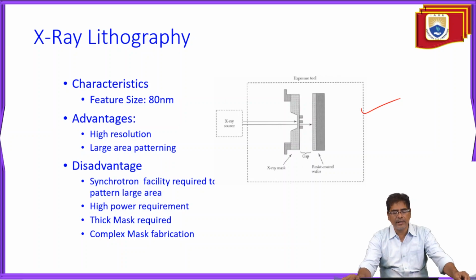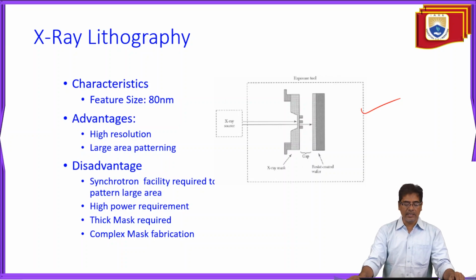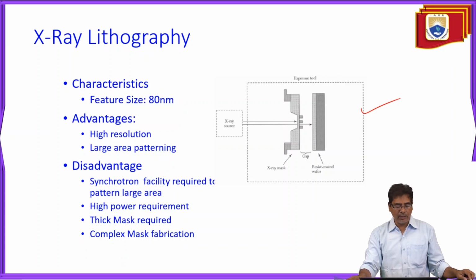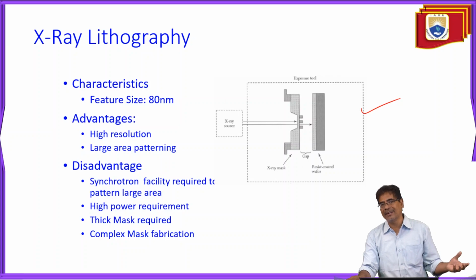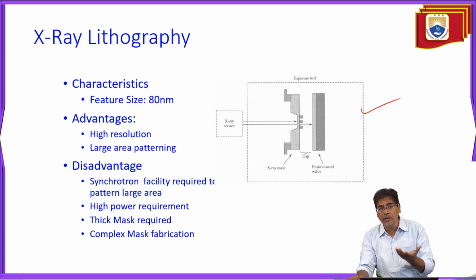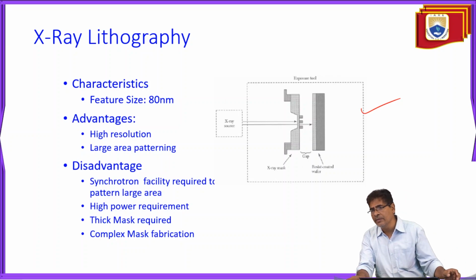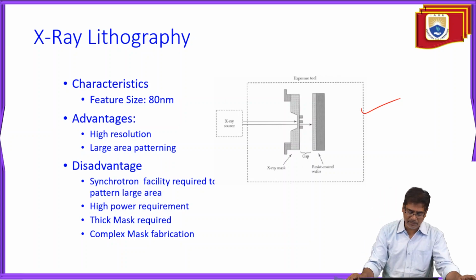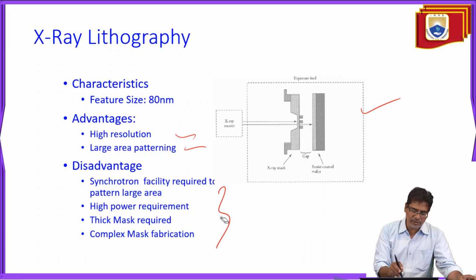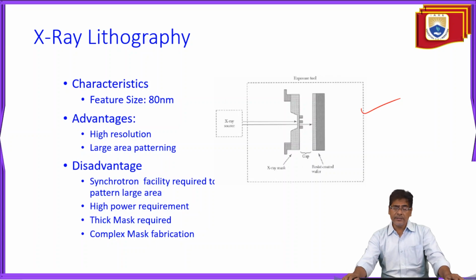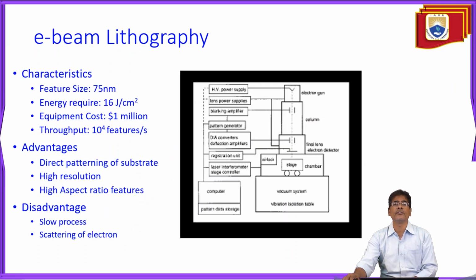The disadvantages are that a synchrotron facility is required to pattern a large area, it has a high power requirement, masking on the substrate requires a thick mask, and the mask fabrication is complex. We can obtain high resolution, but the characteristic size is limited to 80 nanometers, which is one of the basic disadvantages of X-ray lithography.